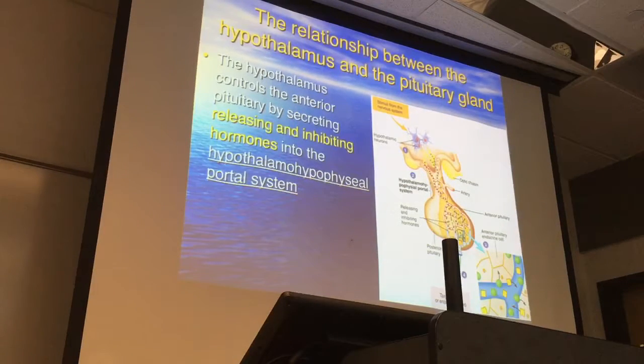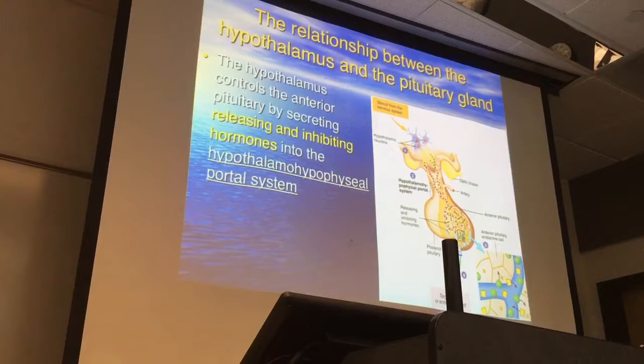Most people just call it the hypophyseal portal system, just to let you know. But understand, hypo for hypothalamus, and then hypophyseal because that's another name for the pituitary gland. Anterior pituitary is the adenohypophysis, not neurohypophysis. That's that. Okay.